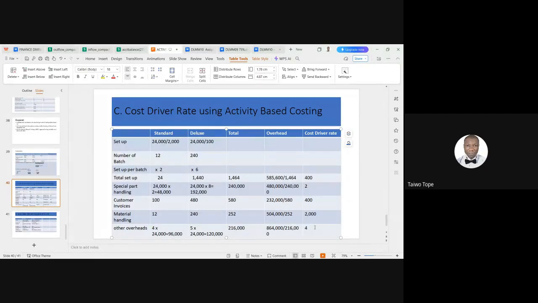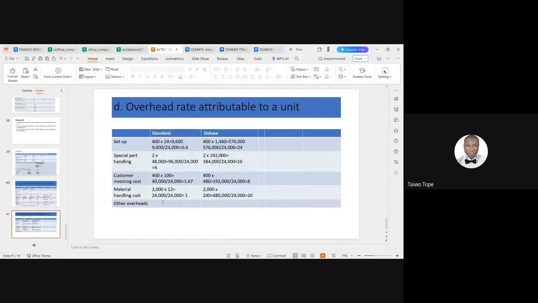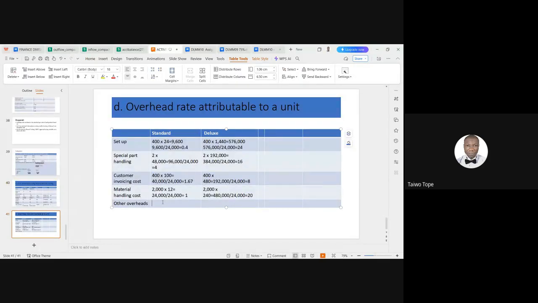How many hours do we have for standard? 96,000 hours. And for the loss, 120,000 hours. So other overheads, it will be 4, right?